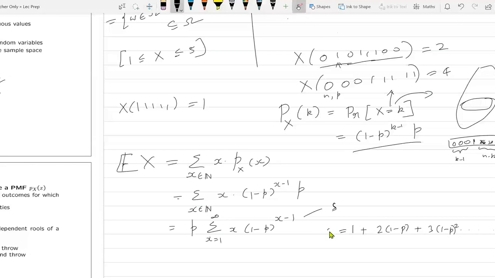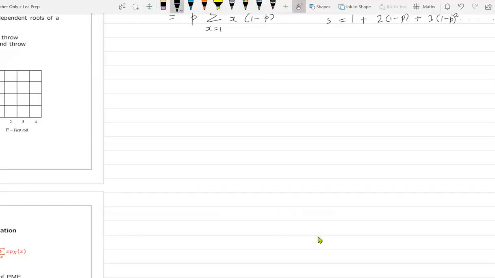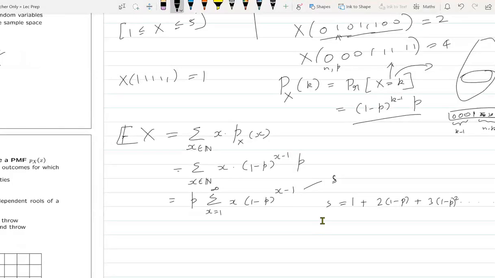So we'll multiply s into 1 minus p now. S into 1 minus p, I have to write. That will be 1 minus p plus 2 into 1 minus p squared plus so on.